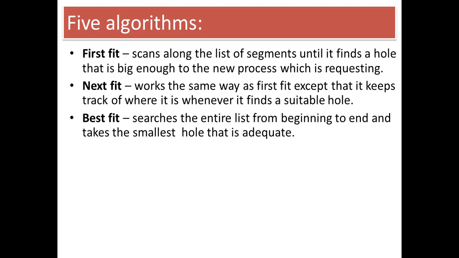That means there are memory blocks from start to end, maybe a million entries, maybe a billion; we don't know the number, but assume there are many free blocks recorded as a linked list. This algorithm searches the entire list from beginning to end and takes the smallest hole that is adequate. That means an exact match may exist that fits the requested process.